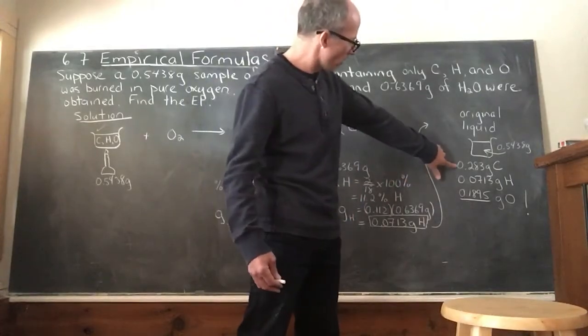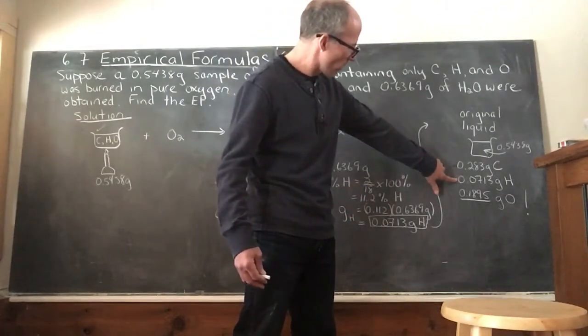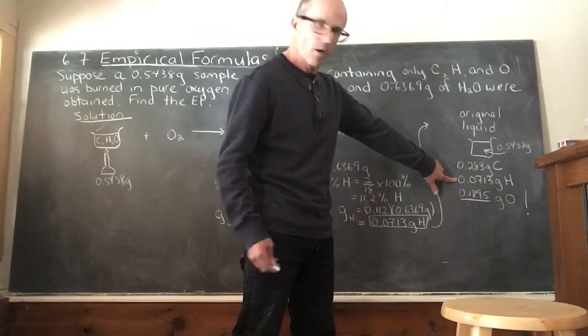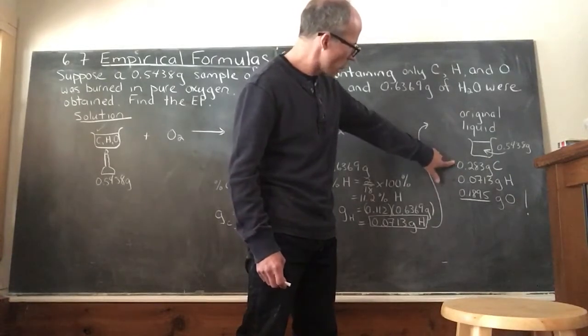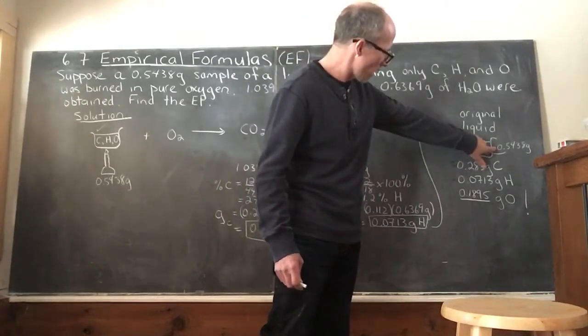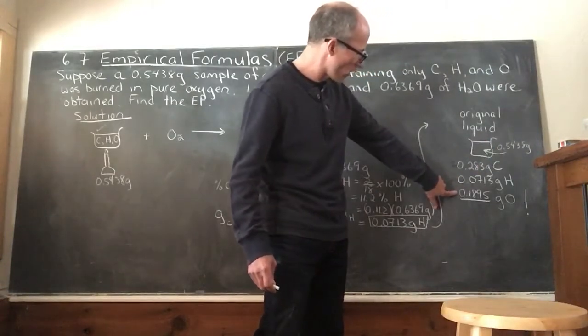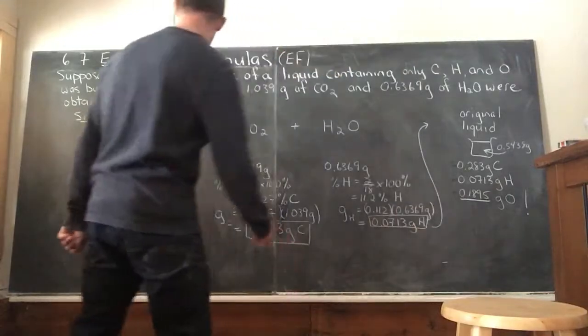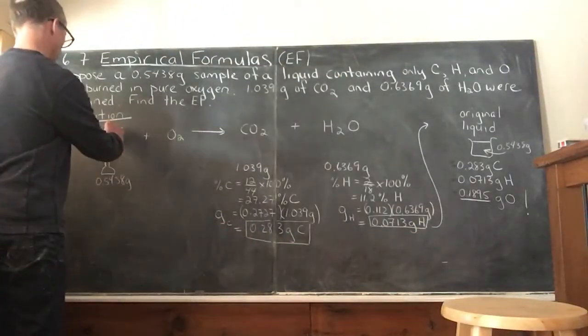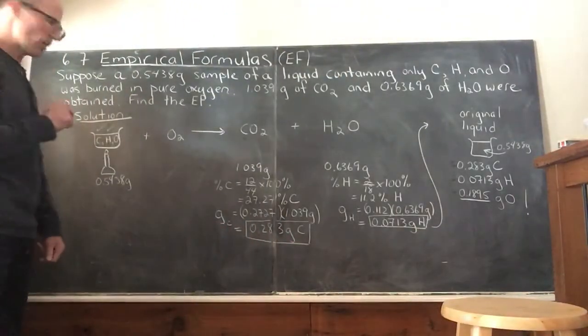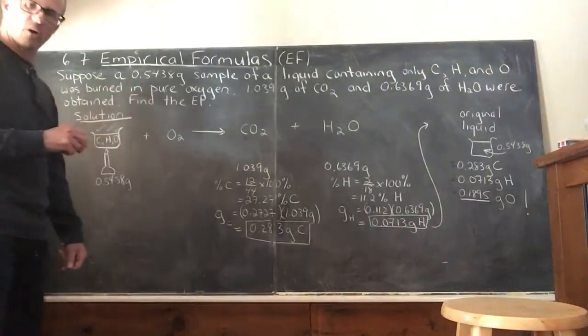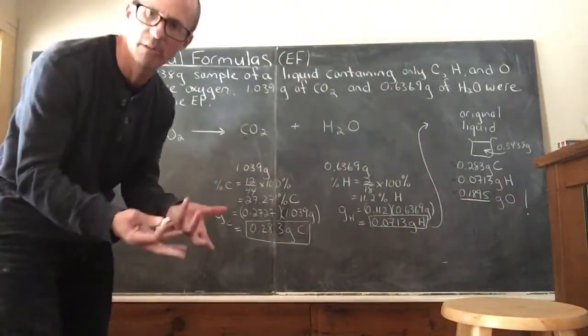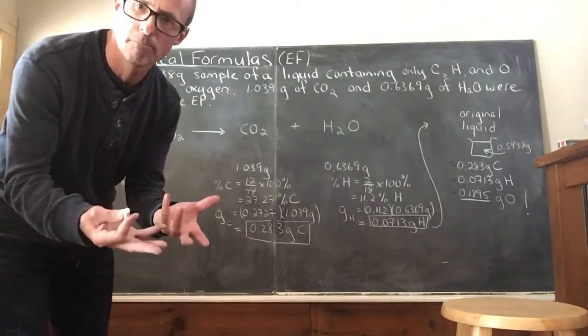Well, we've already figured out the carbon, and we've already figured out the hydrogen, so if we subtract both of those numbers from our original mass, lo and behold, you'll get the grams of the oxygen, which ends up being 0.1895. So when you go back to our original, we've actually now figured out the mass of all three elements in the unknown.